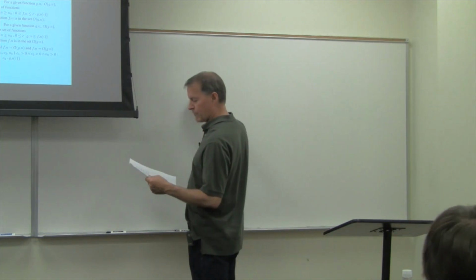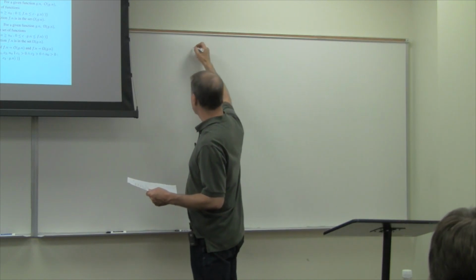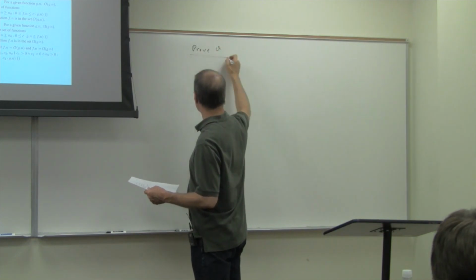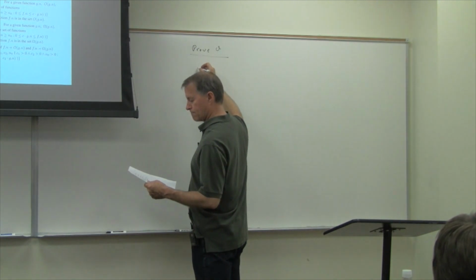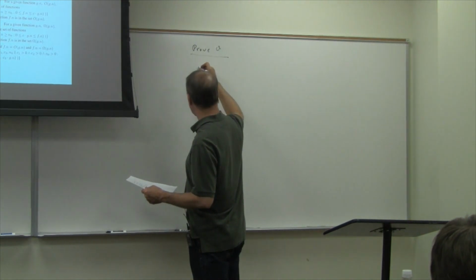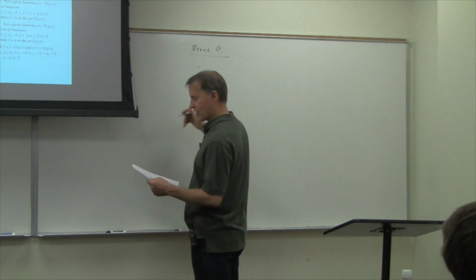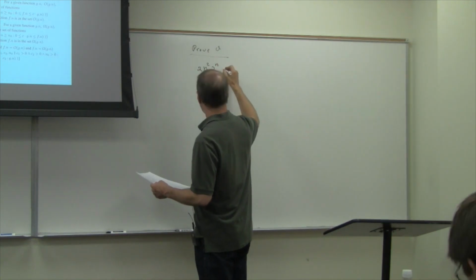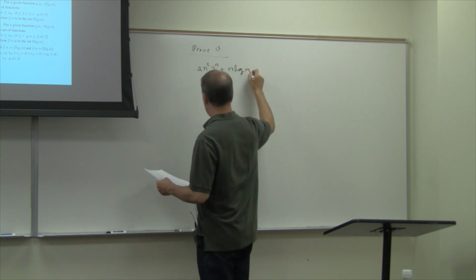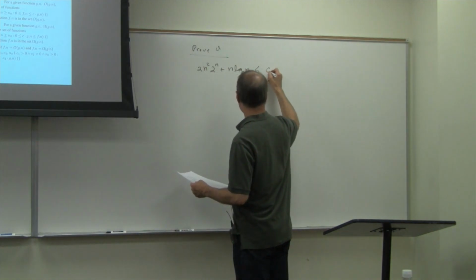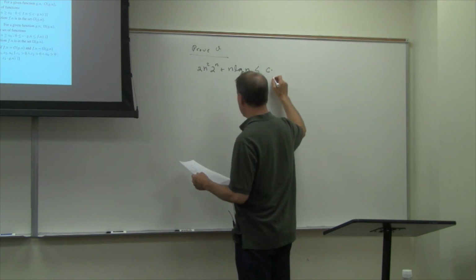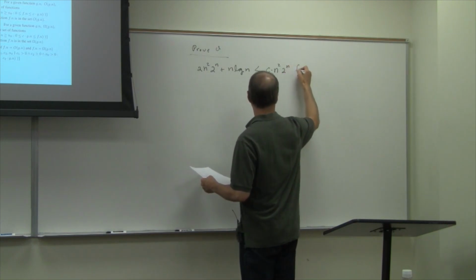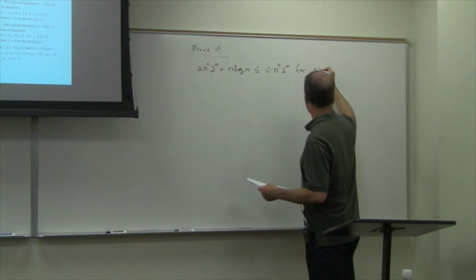Yeah, so to prove big O, you have to show that there exists a positive C and n naught such that n squared times 2 to the n plus n log n is less than or equal to C times n squared 2 to the n, for n greater than or equal to n naught.